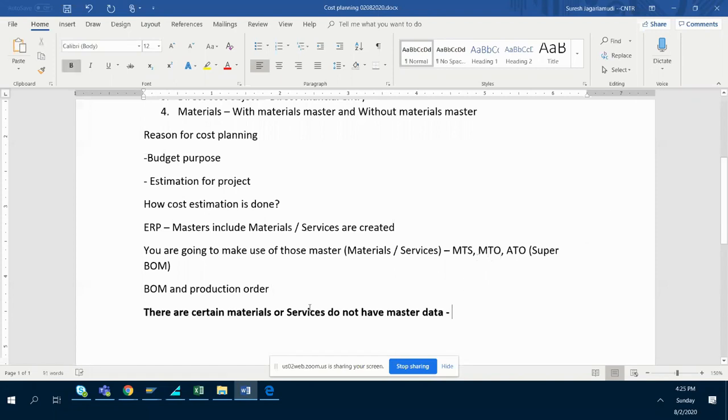Now, in which case do you not have master data or services data? I have seen most of the MTS scenarios; they are not going for project systems. They never do, but they are using only WBS element for cost object purposes. Even that is not required, frankly speaking. For MTS, no. I have seen in some projects only up to WBS level.